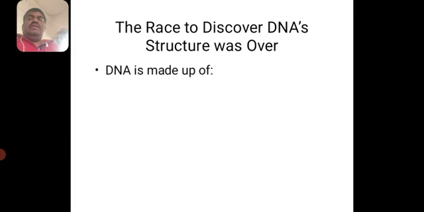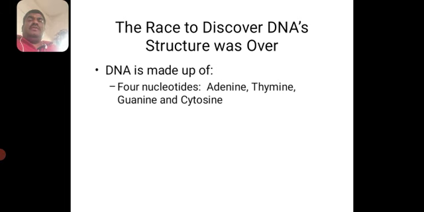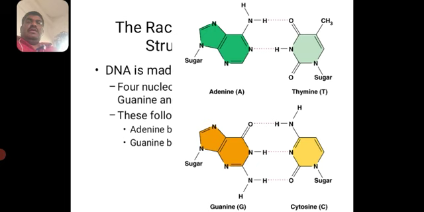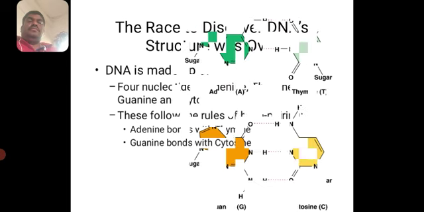We know that DNA is made up of nucleotides with adenine, thymine, guanine and cytosine. This follows Watson and Crick base pairing. Adenine bonds with thymine with 2 hydrogen bonds, guanine with cytosine with 3 hydrogen bonds. Here is the bonding between adenine and thymine, and guanine and cytosine.